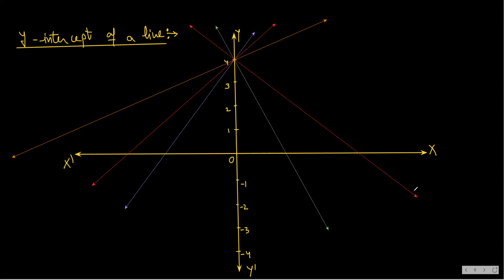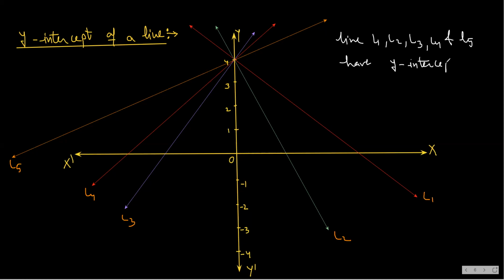So here I will say that the lines L1, L2, L3, L4, and L5 have y-intercept equal to 4.